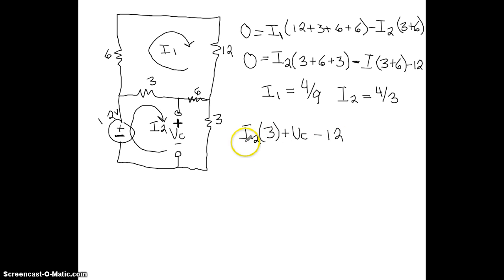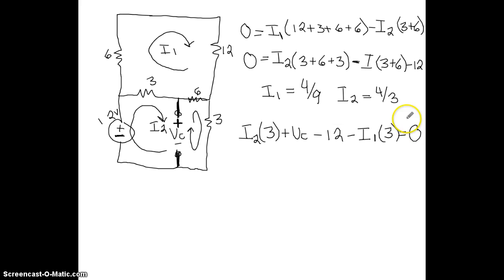That was I2, and then we have the resistors that it's touching, so that's I1 times the 3. Notice how we just sectioned this off and acted like this was its own little area over here. We also could have done the same thing using just this side of that.